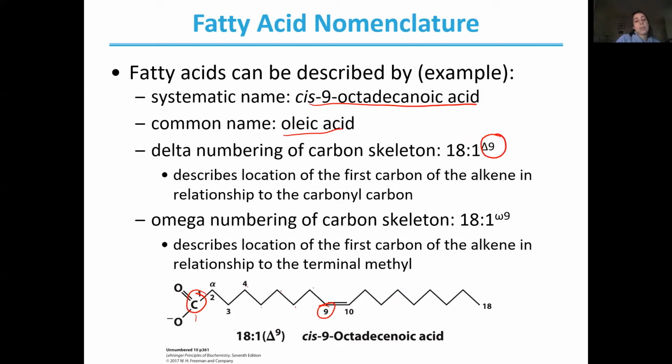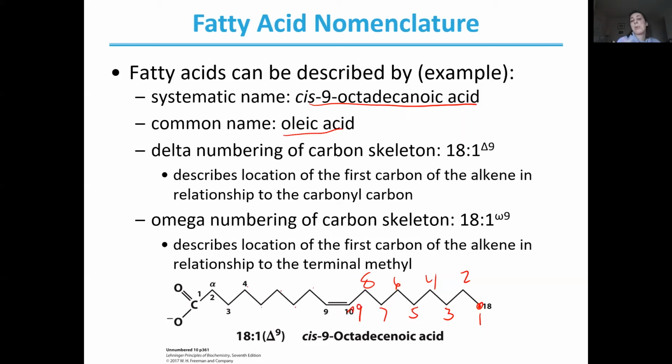Now, interestingly, there is a secondary, less often used numbering system, which counts instead of from the carbon that is in the carbonyl. So instead of starting here with 1, they start at the other end. So if we were to start here, this would be position 1, 2, 3, 4, 5, 6, 7, 8, 9.